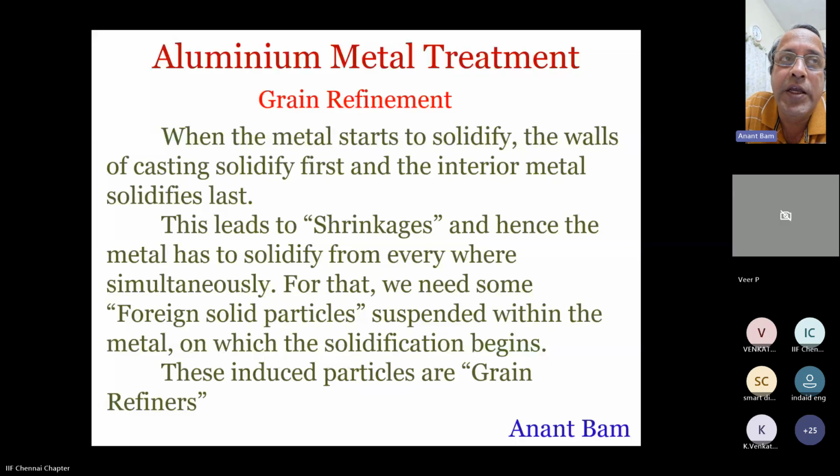It doesn't have any significant effect on your mechanical properties. Whereas if there is concentrated shrinkage cavity, then you get abrupt failure. This process of inducing nuclei artificially is grain refinement. Next slide, please.